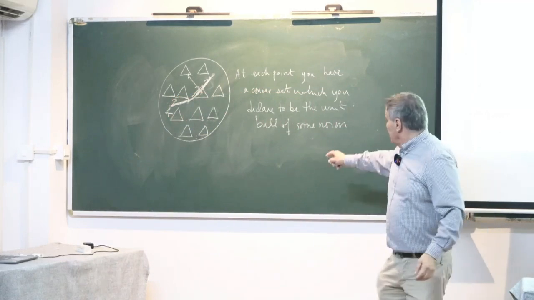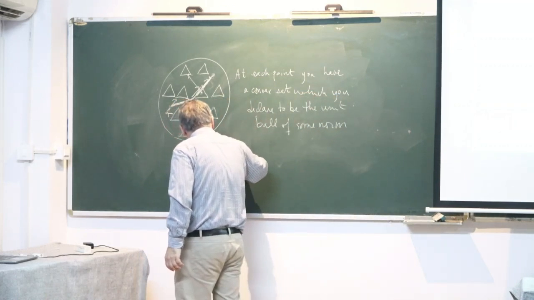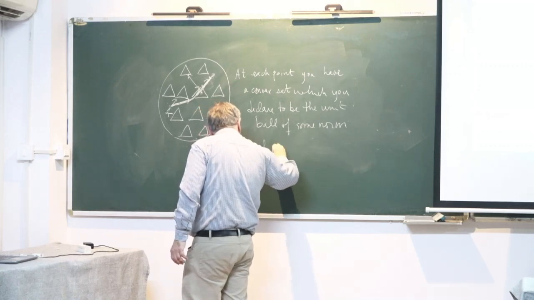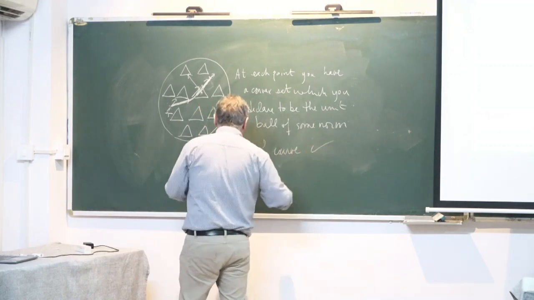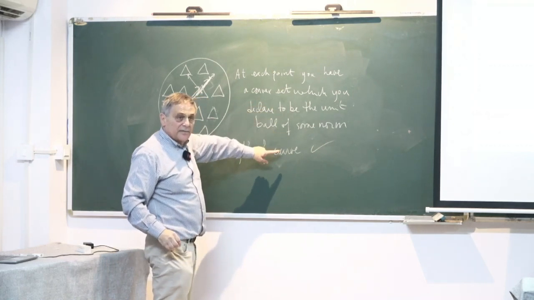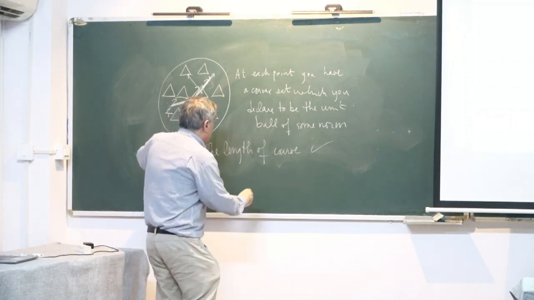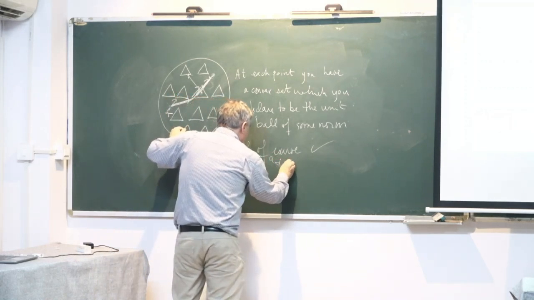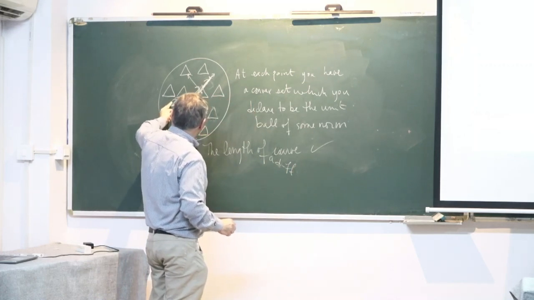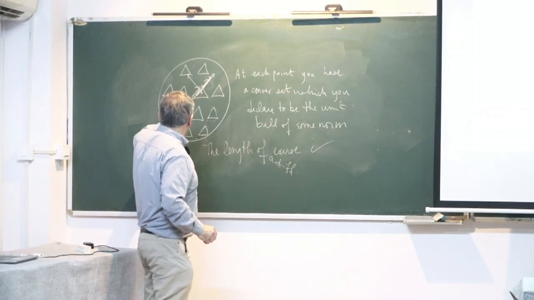So this metric here at each point, the length of a curve, this I know how to compute because I have this family of convex sets. I know how to compute the length of a differentiable curve, because a differentiable curve has tangent vectors, and I can measure the length of each tangent vector, and I take the integral over this curve.